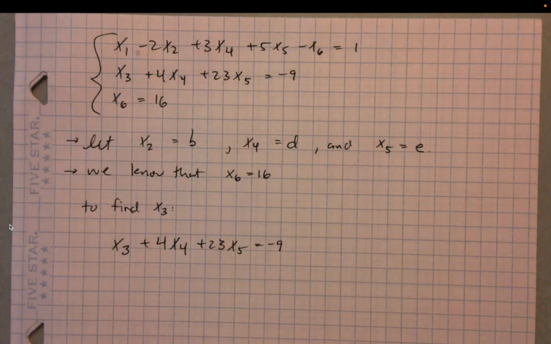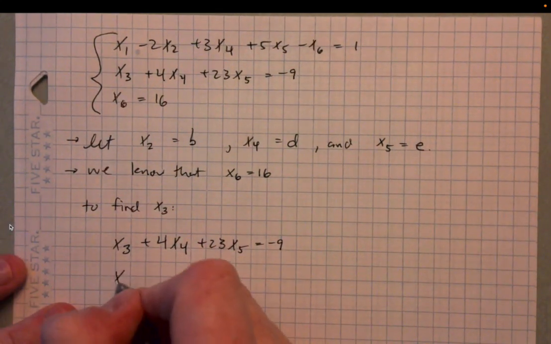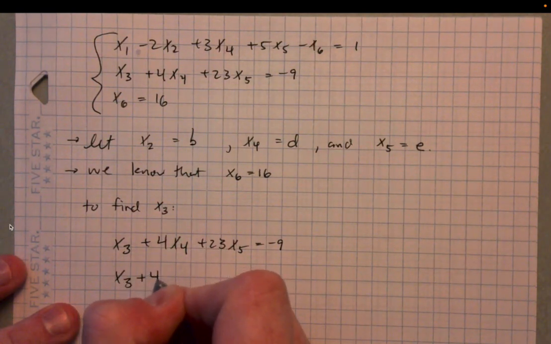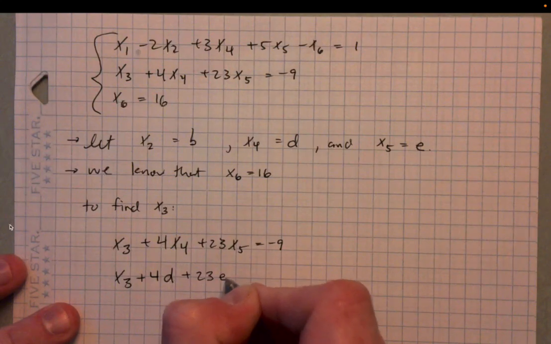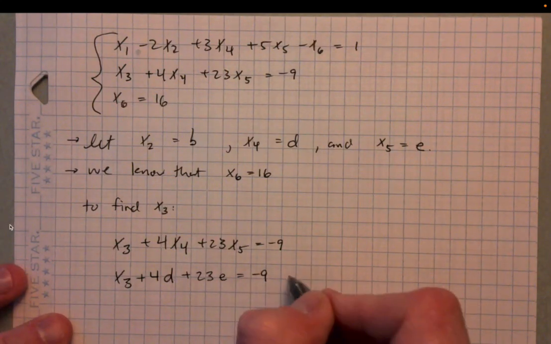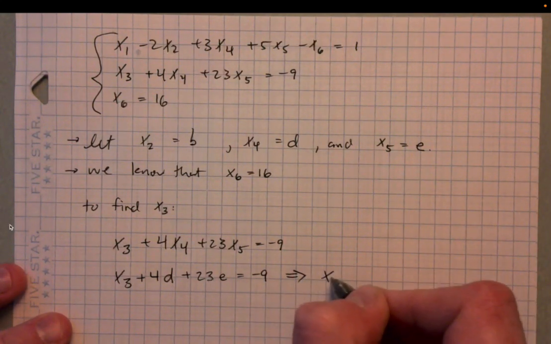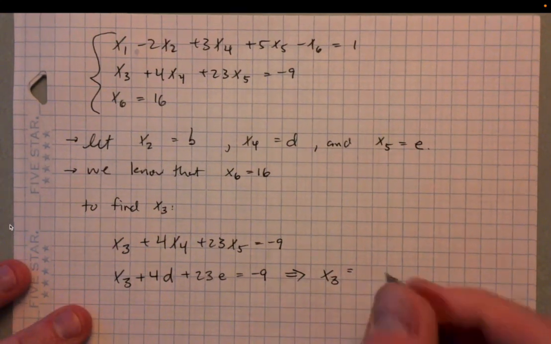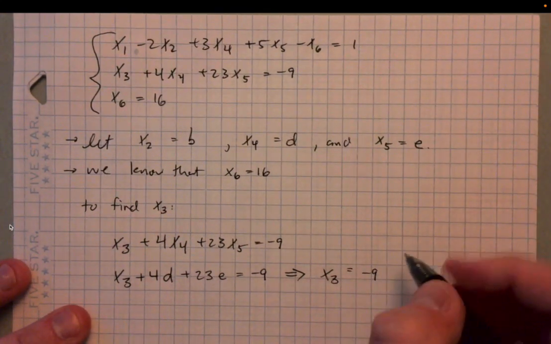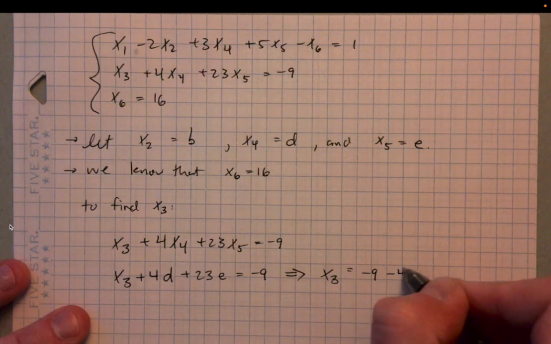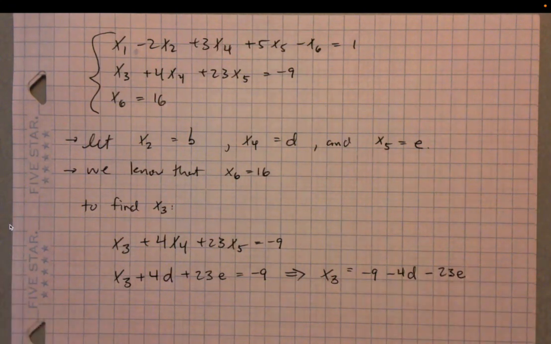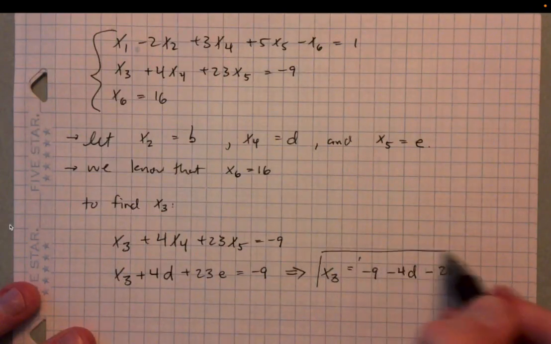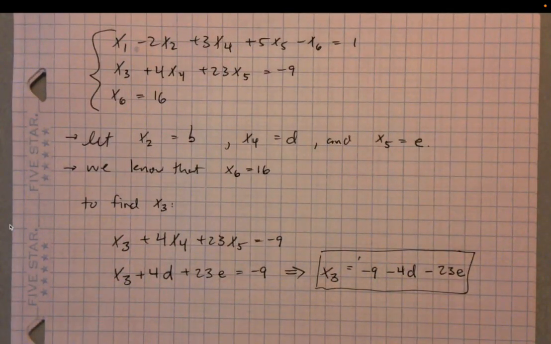I can just substitute: x3 plus 4 times d plus 23e equals -9. And so x3 is just -9 minus 4d minus 23e. You might want to note that. That's your x3 now.